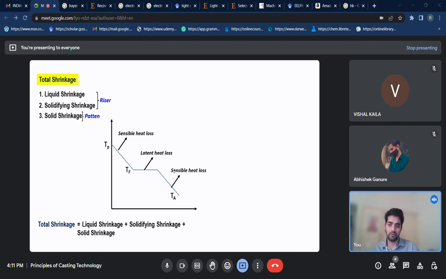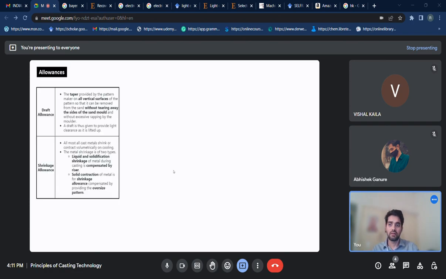For any pattern, the total shrinkage is given by the summation of these three shrinkages: the liquid shrinkage, solidifying shrinkage, and the solid shrinkage. Now, in theory it was covered that there are various types of allowances. In short, one was the draft allowance, another was the shrinkage allowance, and then there were distortion allowances and machining allowances.